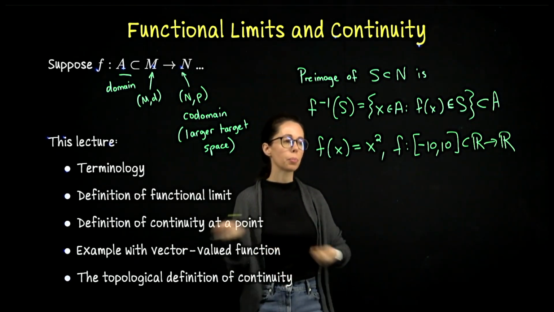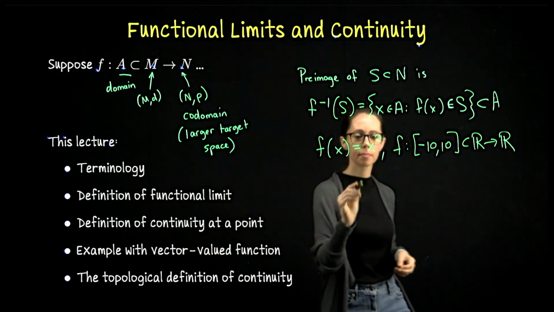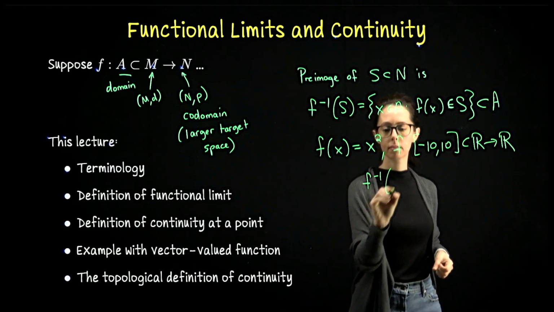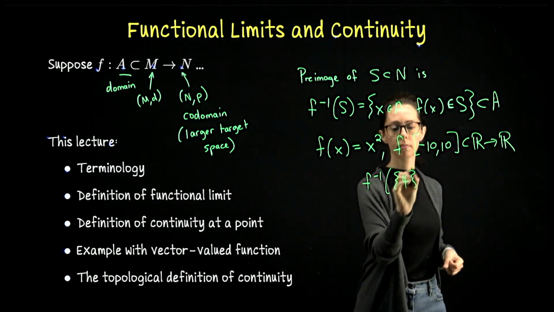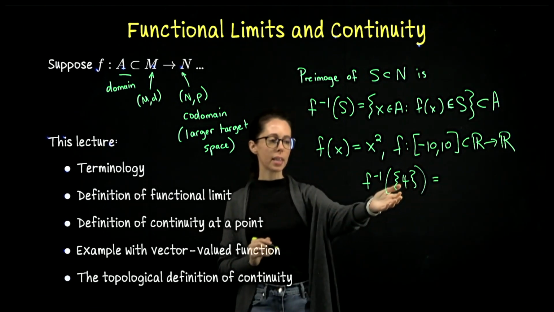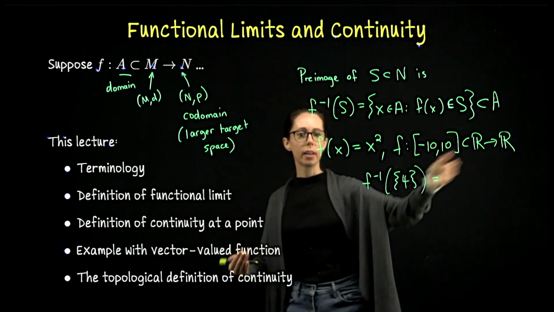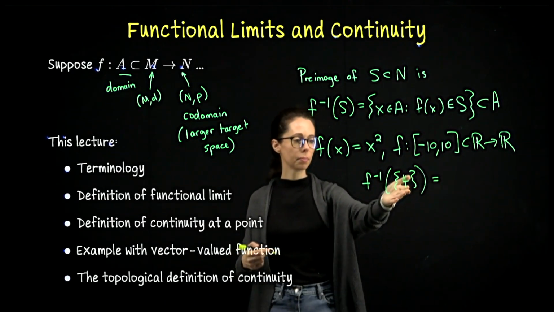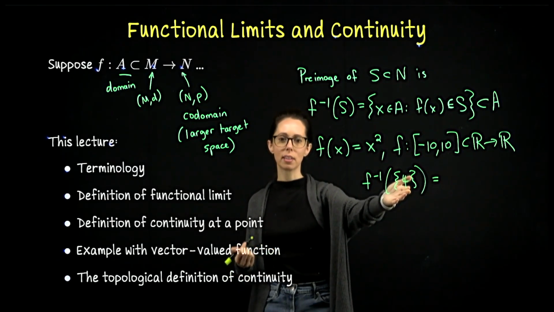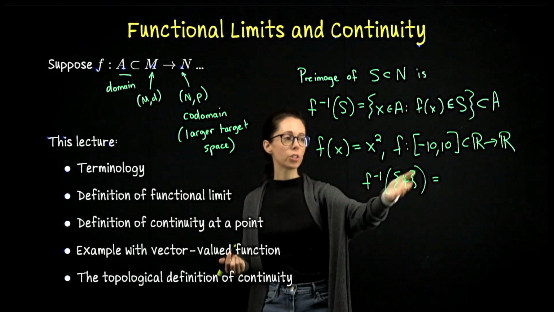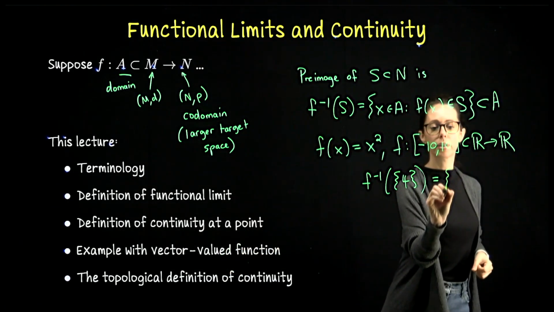If I want to compute the preimage of 4, then I'm saying, what are all the points in the domain which get mapped to 4 in the codomain? So what is the preimage of this potential output? And it's a 2-element set, -2 and 2.